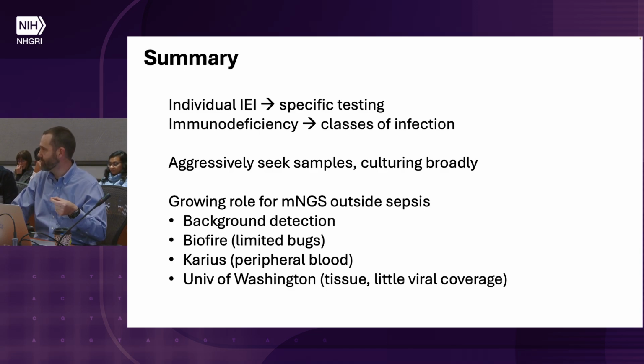We increasingly make use of it, and the data, although somewhat biased because most of it is funded by companies that are selling these tests, show that it changes management in a substantial number of patients, but there's really not a pipeline for access to that kind of expanded sequencing of pathogens, whether it's for inborn errors of immunity or whether it's for just garden variety patients or HIV patients.